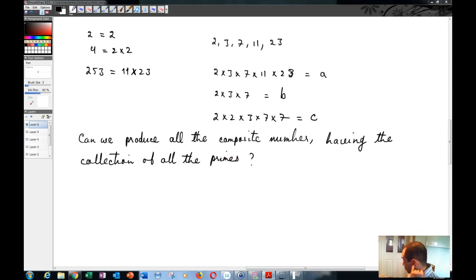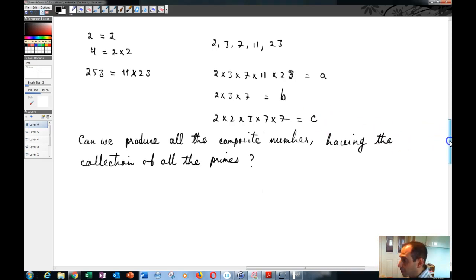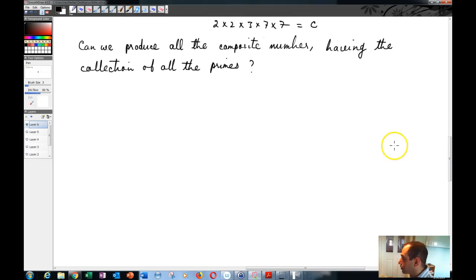Now, before we can answer this question, let's do some prime factorization. So for example, let's say that you have the number 64 over here.